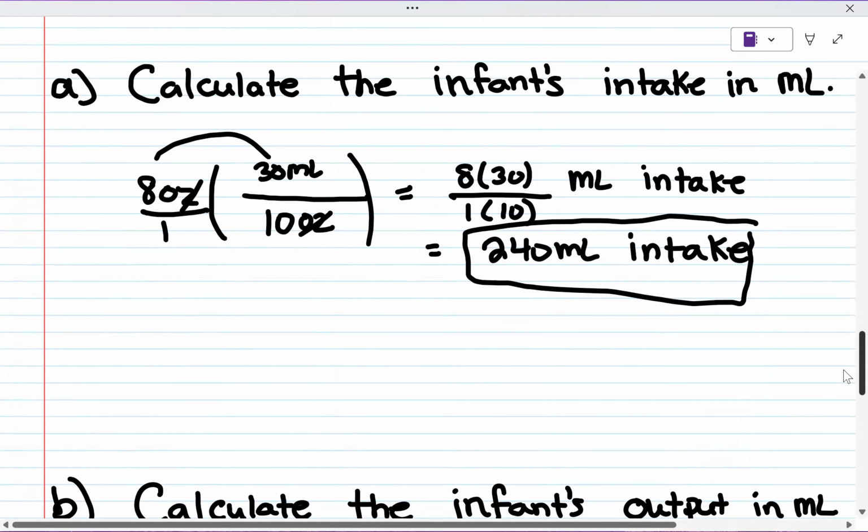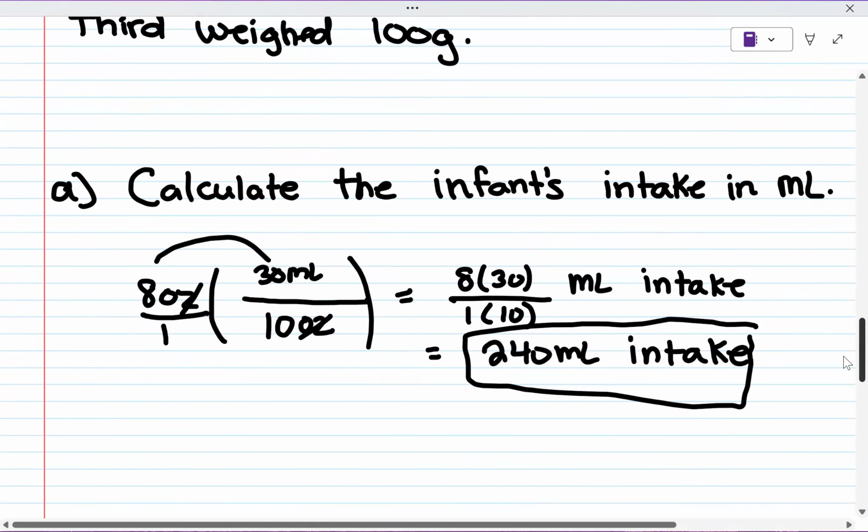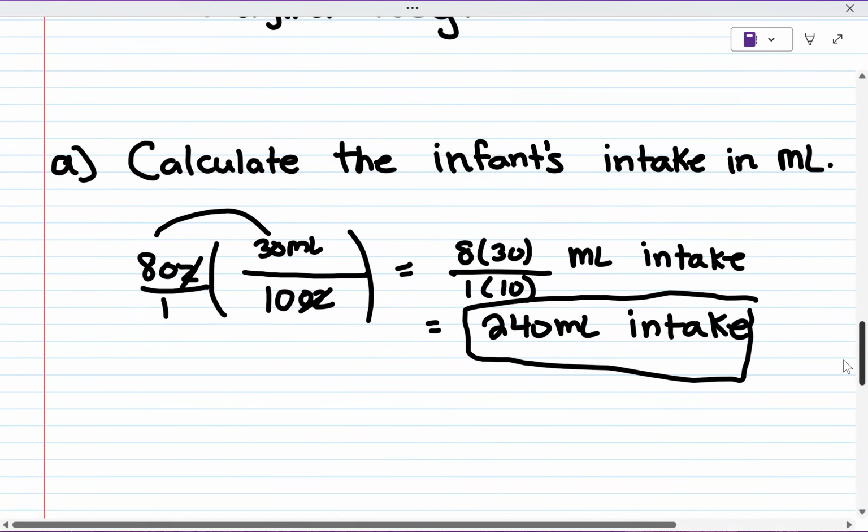Part A was all about calculating the infant's intake. Yeah, so the intake in part A was 240 milliliters.